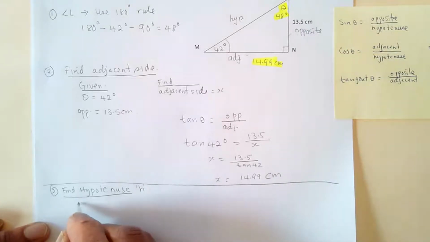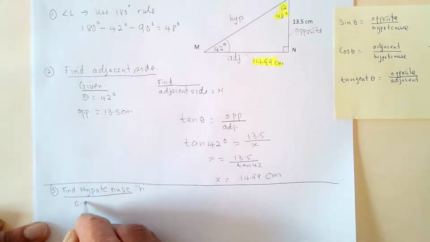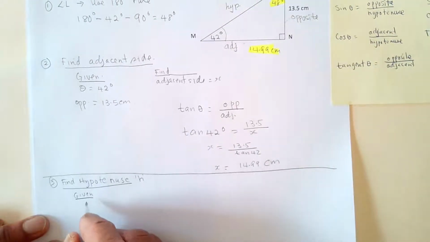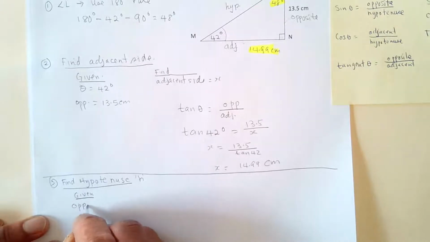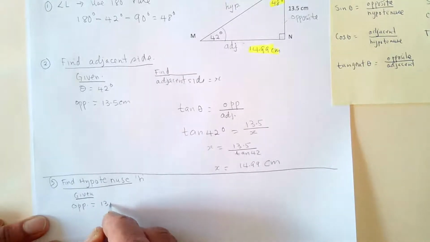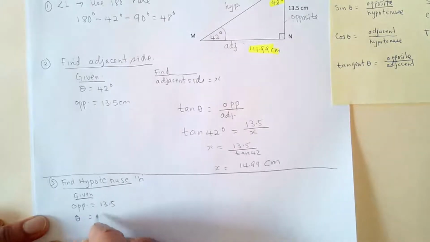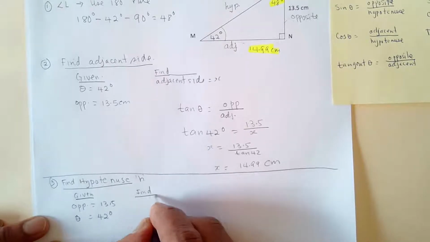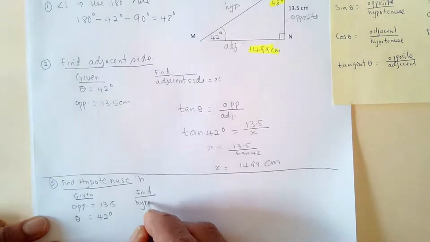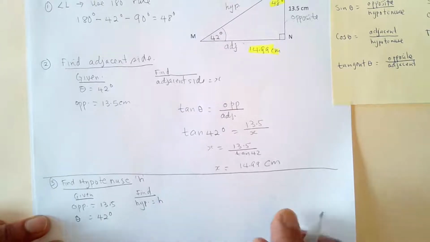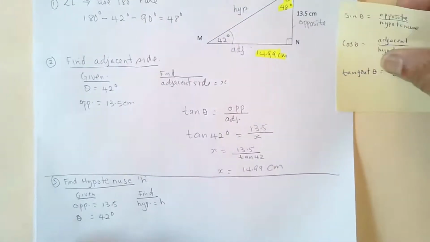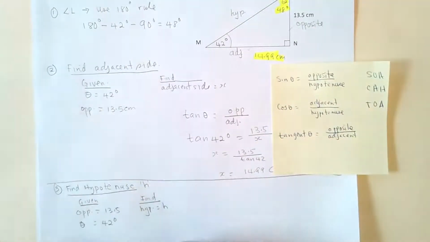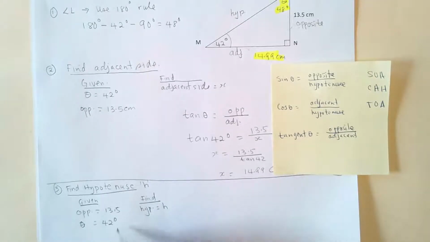So when I'm given opposite, which is equal to 13.5, and theta 42 degrees, I'm asked to find h, the hypotenuse, which I call h. So I go to my trig ratio and see where there's a match. What's given and what needs to be found.